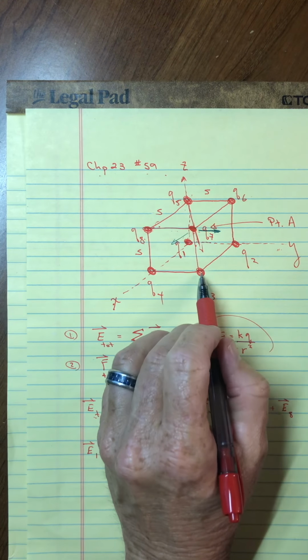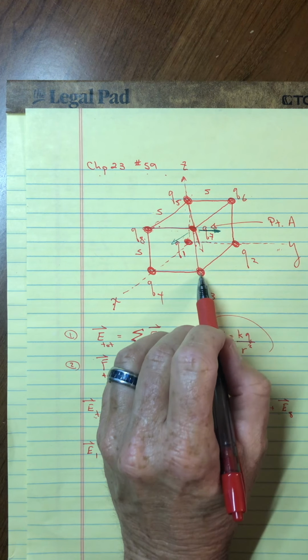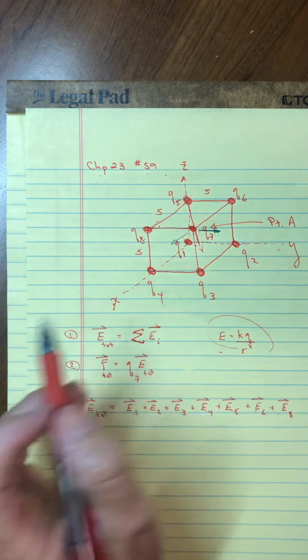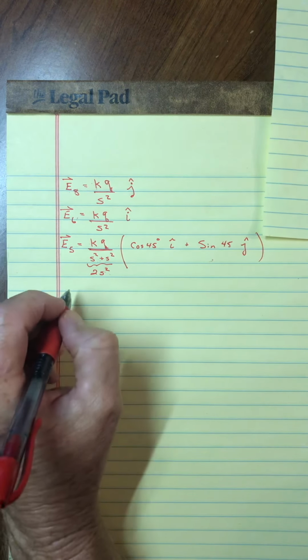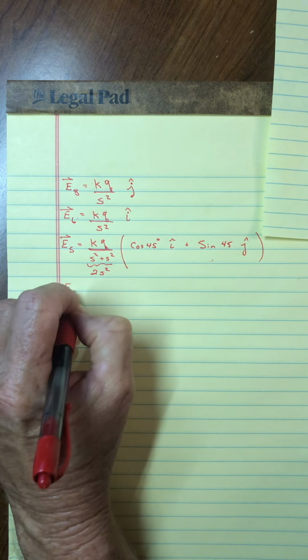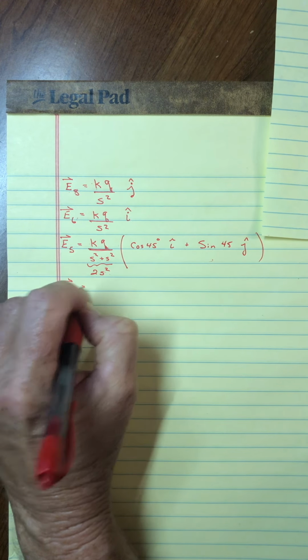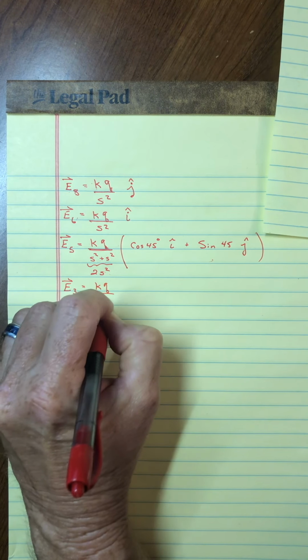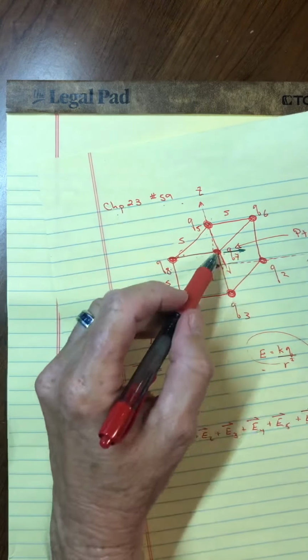Again, not doing it in order, but actually number 3 is going to be pretty easy here. Number 3, and so E3, again, would be Coulomb's constant times q, and the distance away is just s squared. It's directly below it.